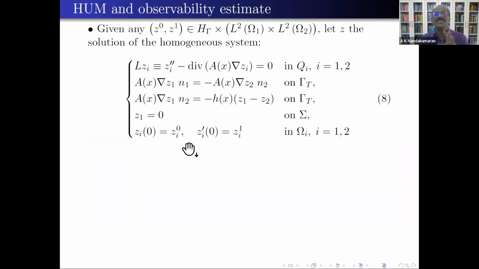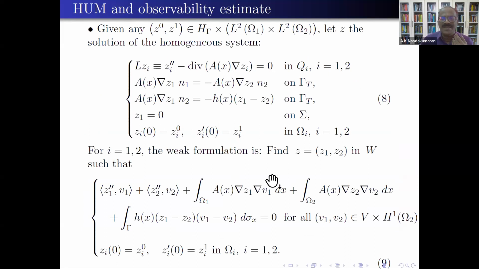Since I have explained the Hilbert Uniqueness Method in detail, we only need to know what the estimate to be proved is. So you start with your homogeneous system, now controlled on each of the domains. The weak formulation is quite standard: do the integration by parts and you get your weak formulation, and existence is also known for that.